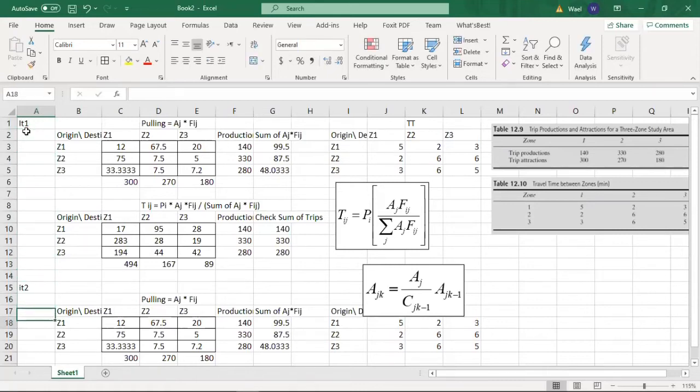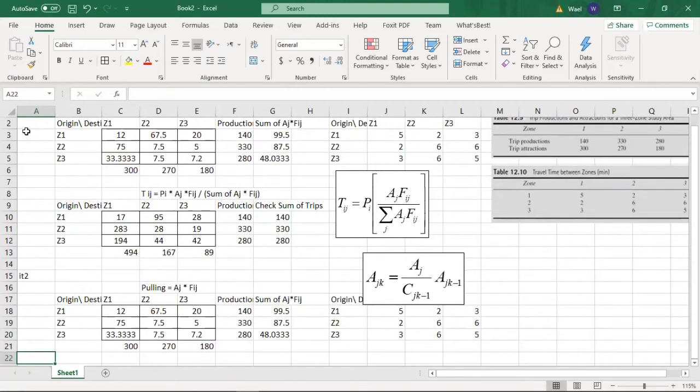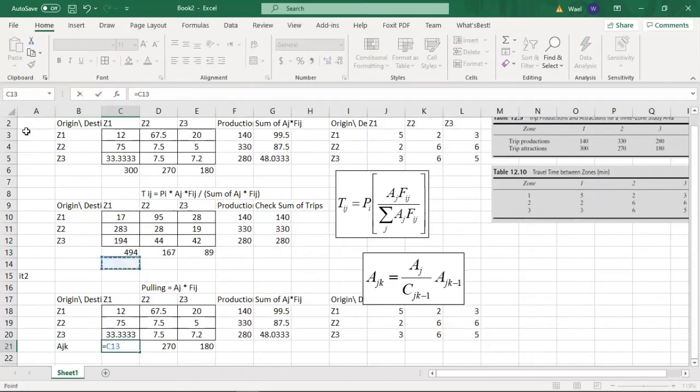For the second iteration, we calculate A, J, K, which equals the original attraction, 300, divided by the calculated attraction, that's the resulted attraction, multiplied by the attraction in K minus 1, which is the same as here.